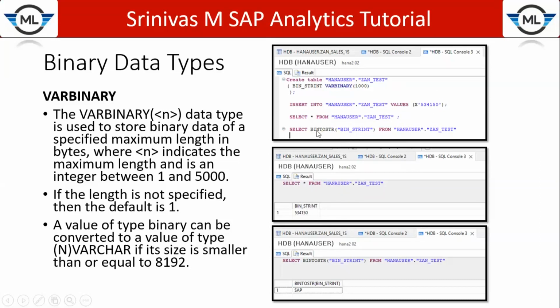To do so, I can use this particular function, BIN2STRING. Bin means binary to string format, and you provide your binary information here. So what happened? 534150 is nothing but SAP. If we convert this binary into a real character string, the string will come as SAP. So this is the example of how to convert binary.